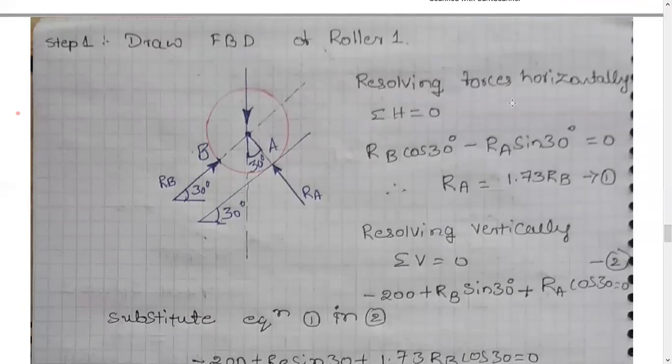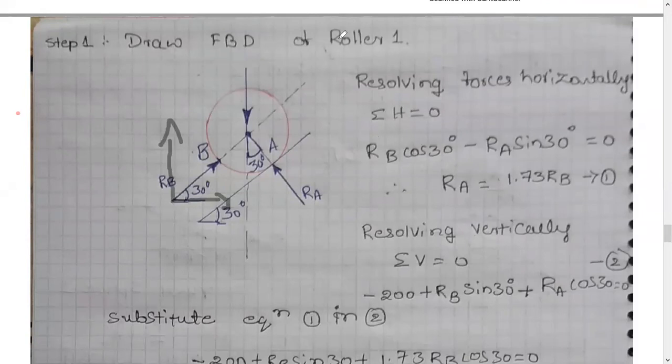I am getting RB cos 30 degrees minus RA sine 30 degrees. If I resolve the force into two components, the horizontal force and the vertical force, the horizontal component is RB cos 30 degrees, moving towards the right, so it is a positive force, minus the RA force.